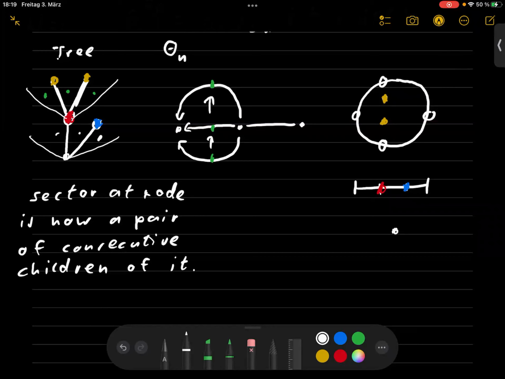These are what I call the exterior vertices, and these are the interior vertices. And the exterior vertices should always map to the exterior ones in the tree morphism, and the other ones can map arbitrarily.